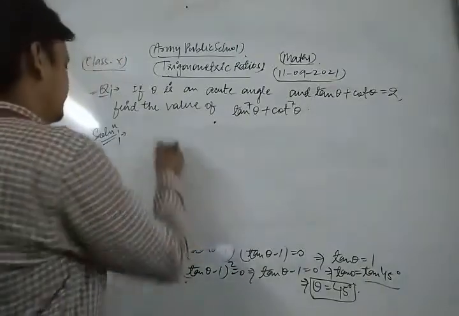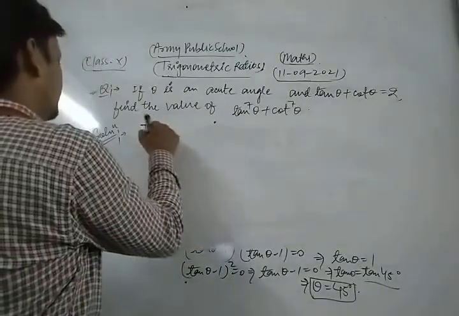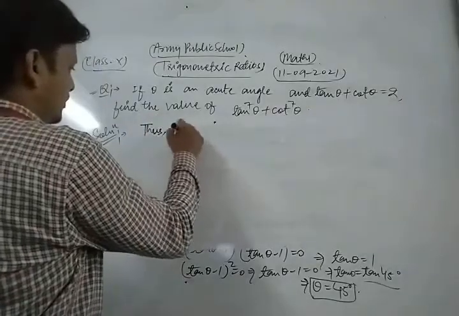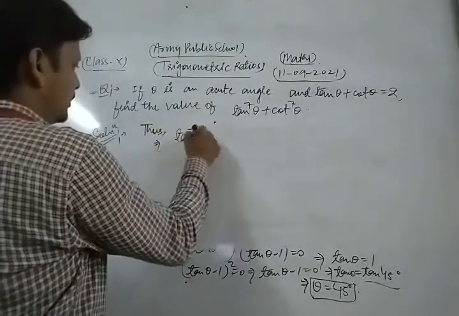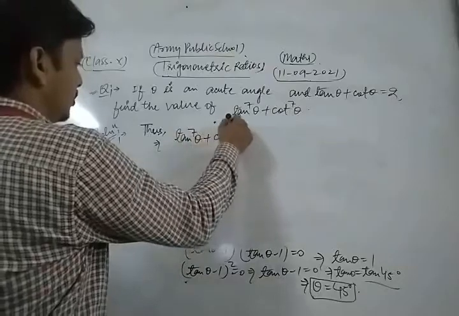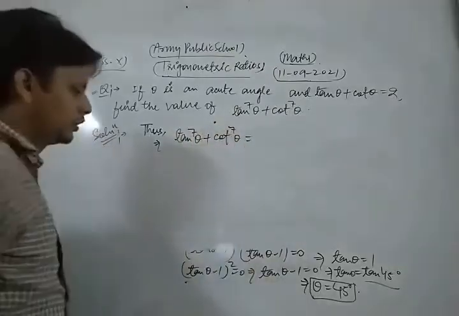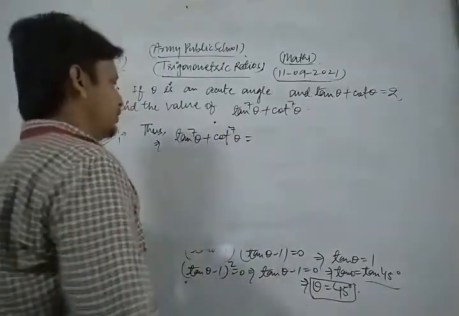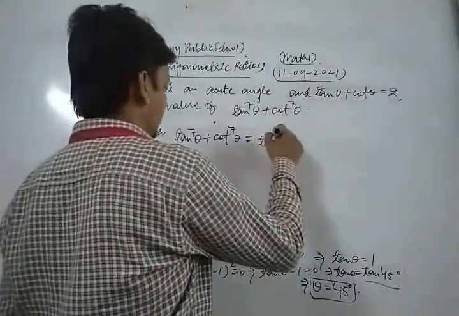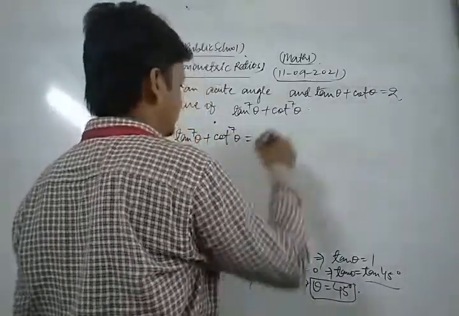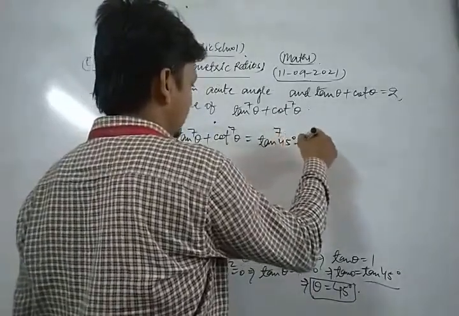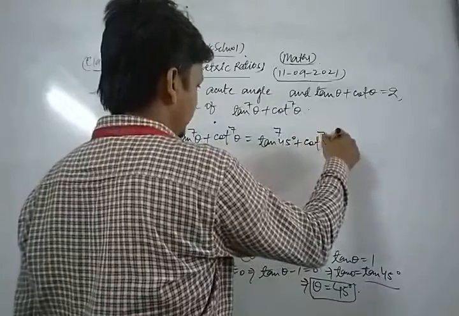Thus tan to the power 7 theta plus cot to the power 7 theta is equal to what? We put the value of theta as 45 degree. So we get tan 7 45 degree plus cot 7 45 degree.